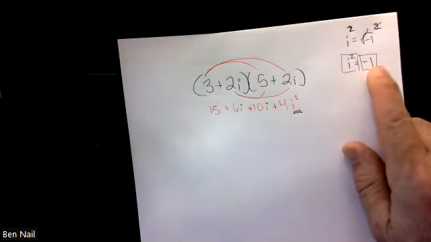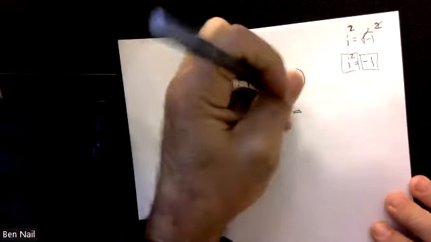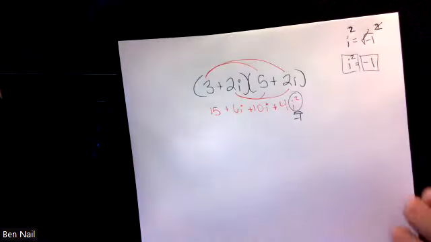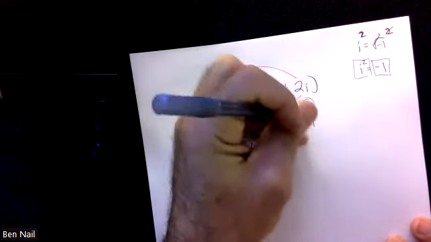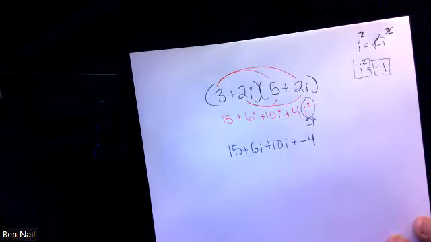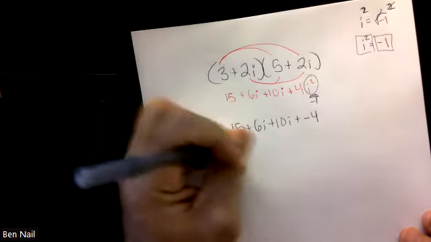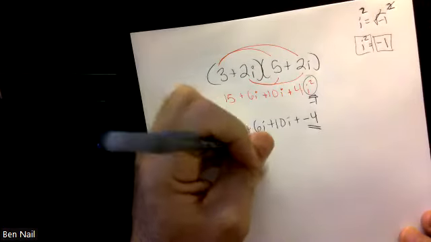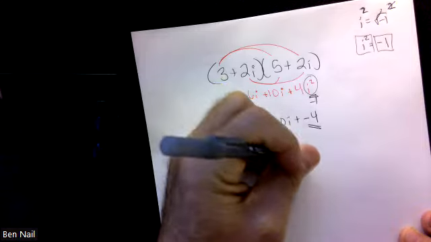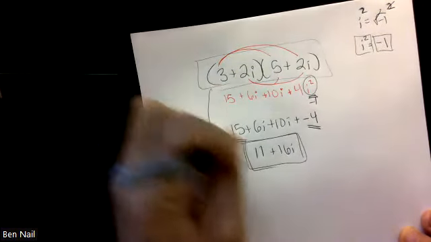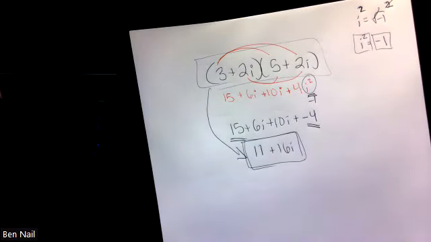When you square i, it just takes your number and makes it a negative. So i squared is really a -1. 4 times -1 is a -4. So again, if I combine like terms, 15 plus -4 is 11. And then 6i plus 10i is 16i. So if we multiply these two complex numbers together, we get 11 plus 16i.